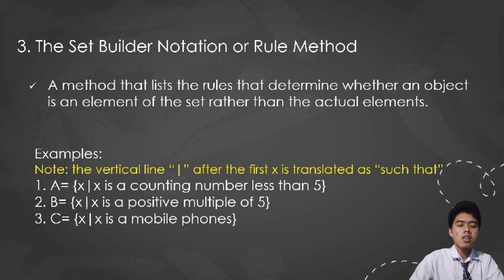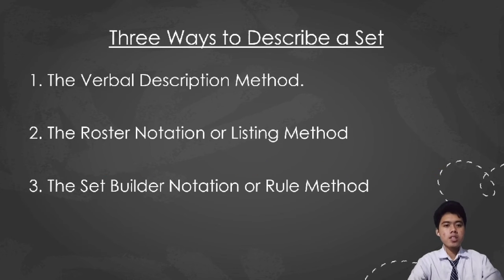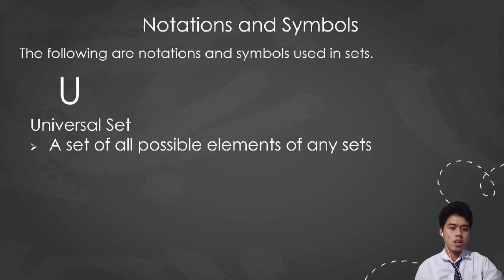And number 3, set C is equal to {x | x is a mobile phone}. And once again, the three ways to describe a set: number 1, the verbal description method, the Roster Notation or listing method, and lastly, the set builder notation or rule method.